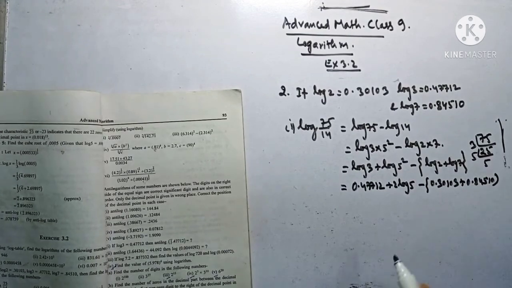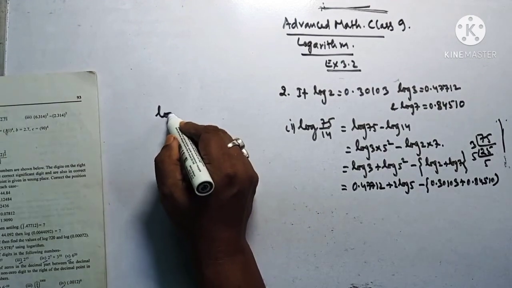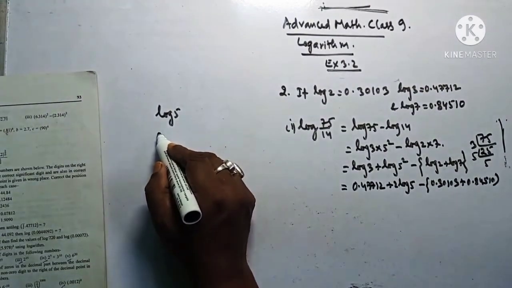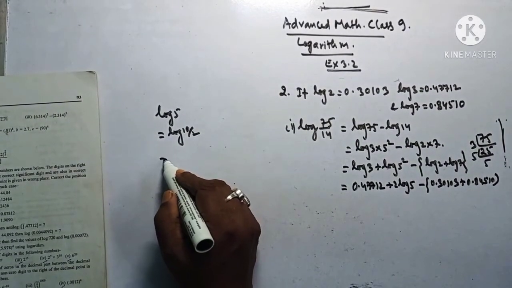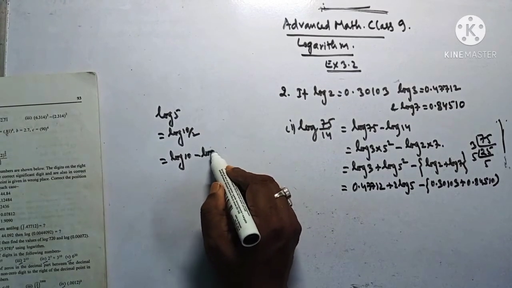log 7 is given to you, that is 0.84510. So now you can do one thing, you can find the value of log 5. How you are going to find the value of log 5? Log 5 means log 10 by 2, so this will be equal to log 10 minus log 2.